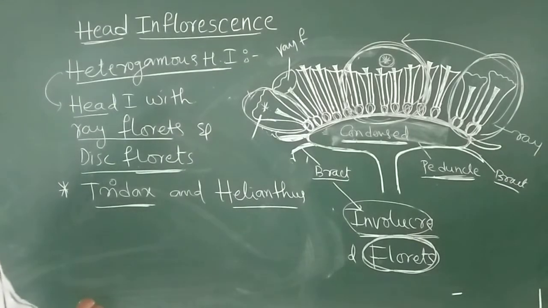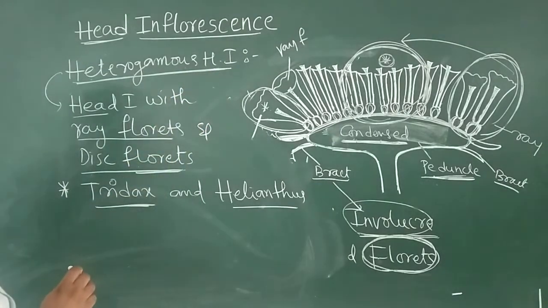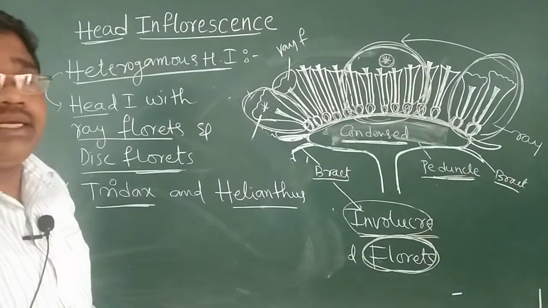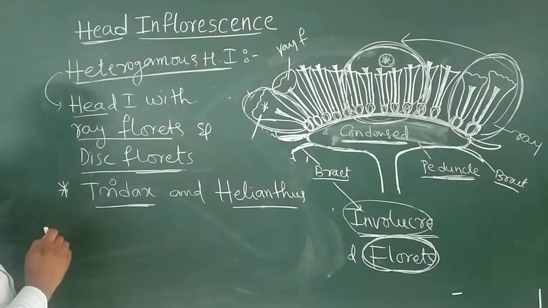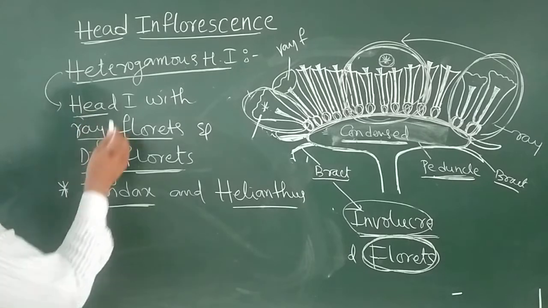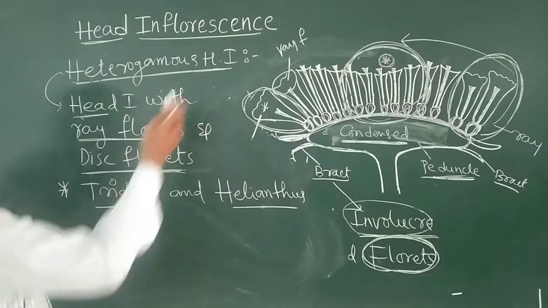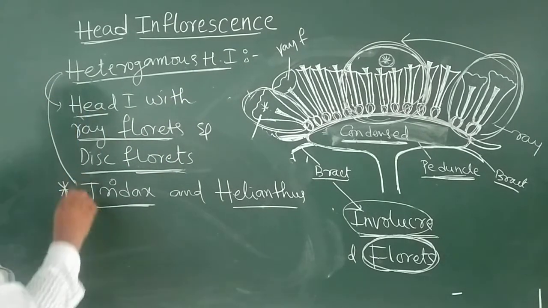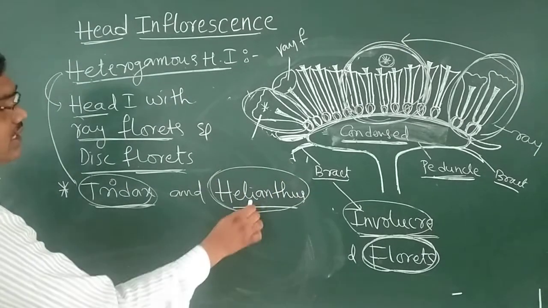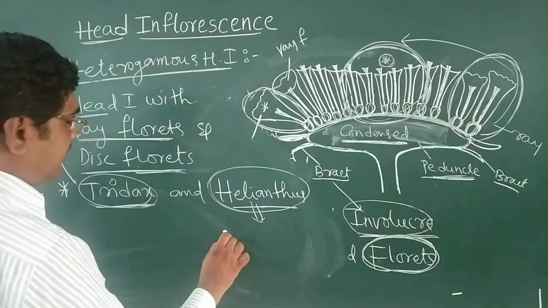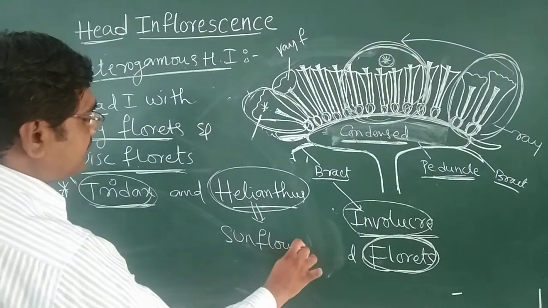The first one is homogamous head inflorescence, observed in Tagetes and Chrysanthemum. The heterogamous head inflorescence contains both ray florets and disc florets, observed in Tridax procumbens and Helianthus annuus. Helianthus is the scientific name of the sunflower plant.